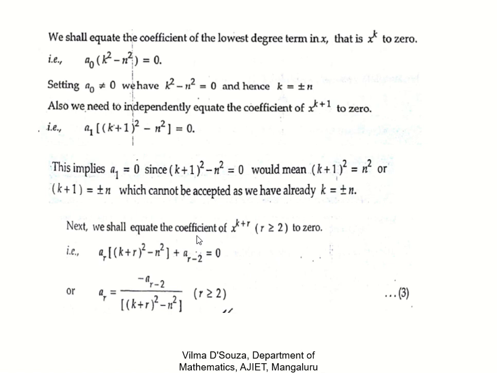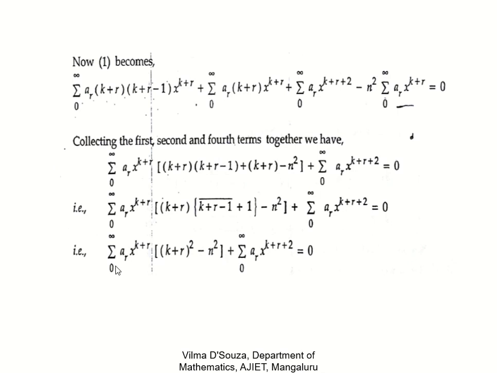Now the general term, equating the coefficient of x power k plus r to 0. What is the coefficient of x power k plus r? General term AR times k plus r whole square minus n square, and here AR is the coefficient of x to the power k plus r.